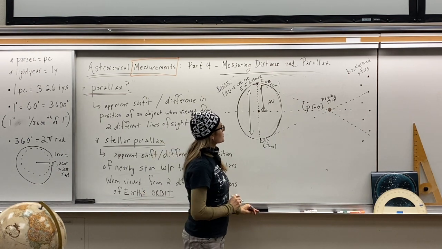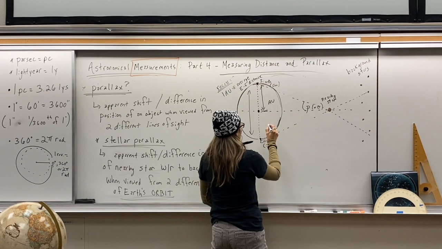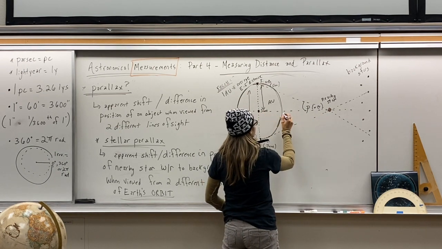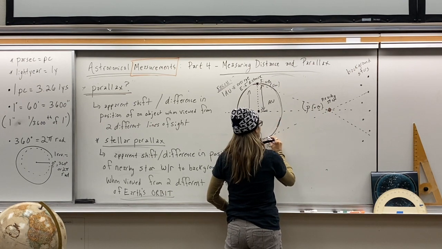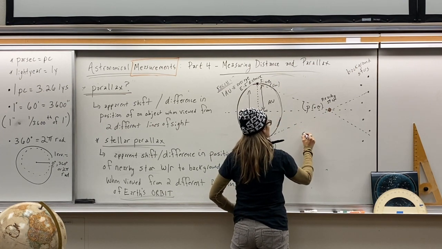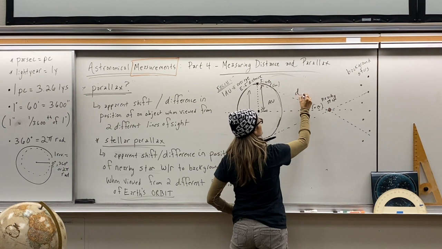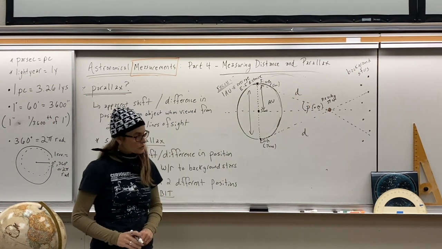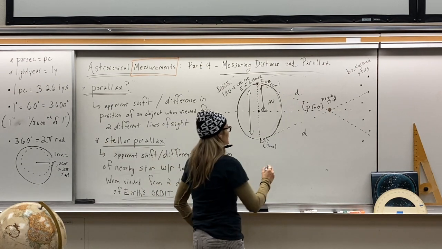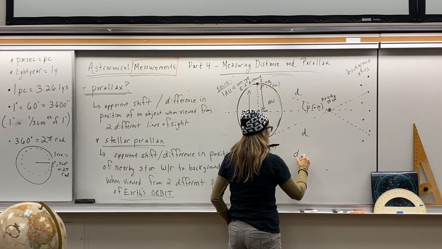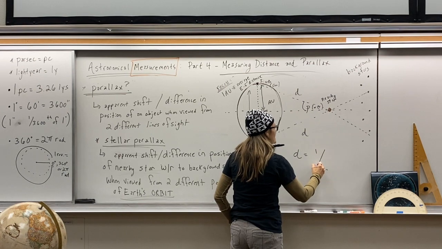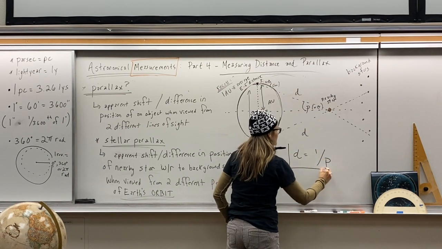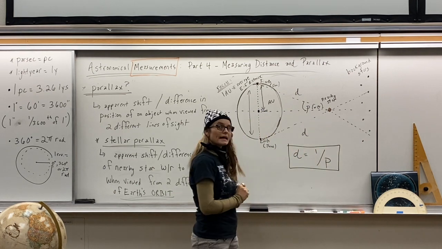So P is our parallax angle, and then of course our distance to that star, like here, D, is related to that parallax angle. And the relationship between these is that D is equal to 1 over P, our parallax angle. This is a big formula, and we'll do a few examples with it.